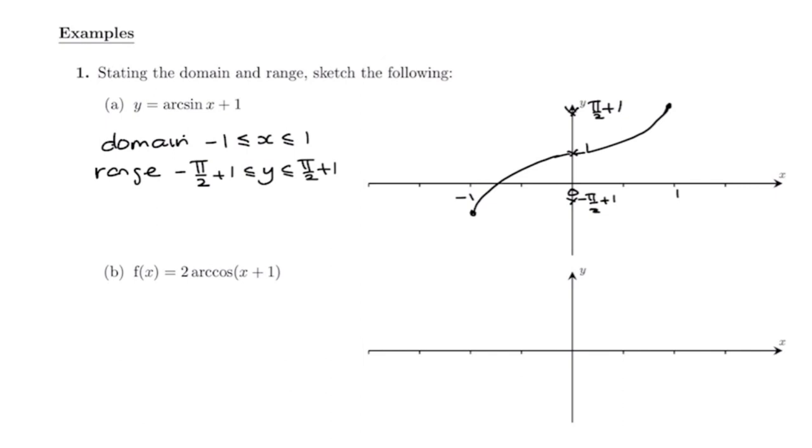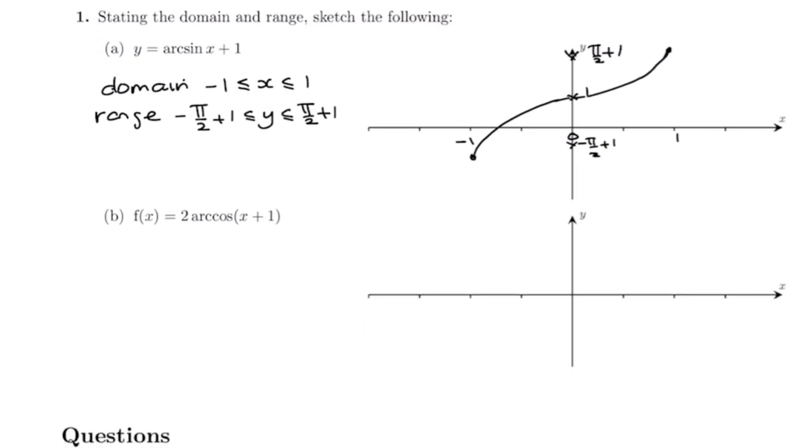Okay. Now the next one, B, is f of x equals 2 arc cos of x plus 1, and that is a translation of -1 in the x direction, followed by a stretch of scale factor 2.